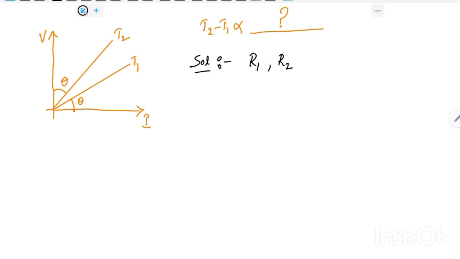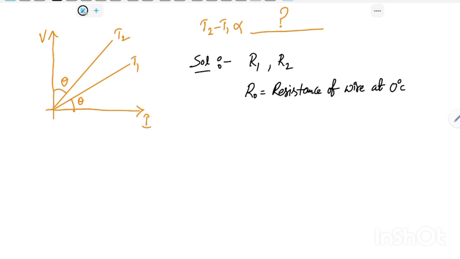Now, if we assume the resistance of the element at 0 degrees centigrade as R naught, okay? So I am assuming R naught as the resistance of the wire or conductor at 0 degrees Celsius or centigrade.